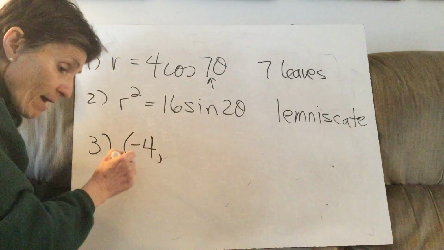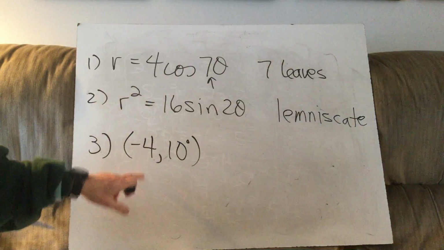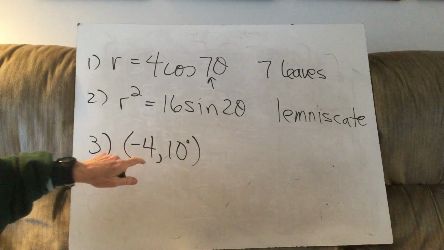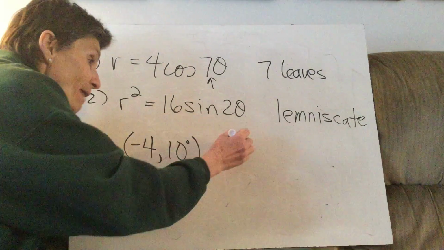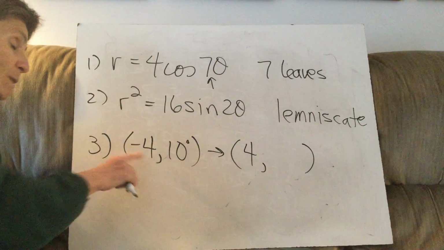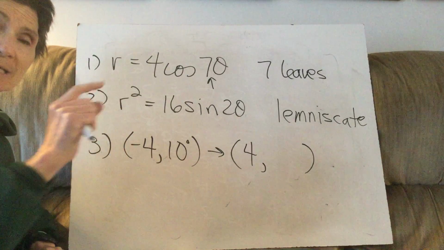3 says we have a point, but it has a negative r value. So we want to know, if we were actually going to put this on our graph paper, where would we put that point? You can't plot a negative r. So we have to change that r value to be positive. And when we make r positive, we use the opposite angle.